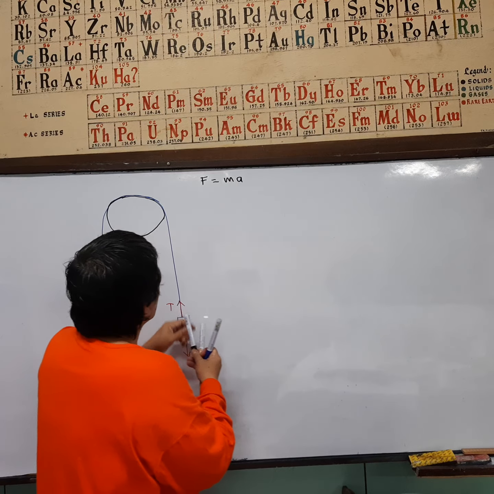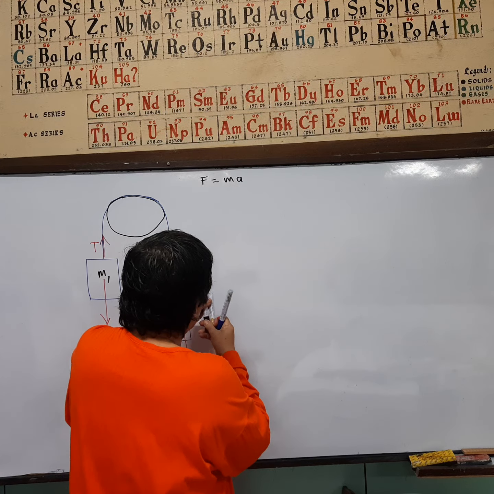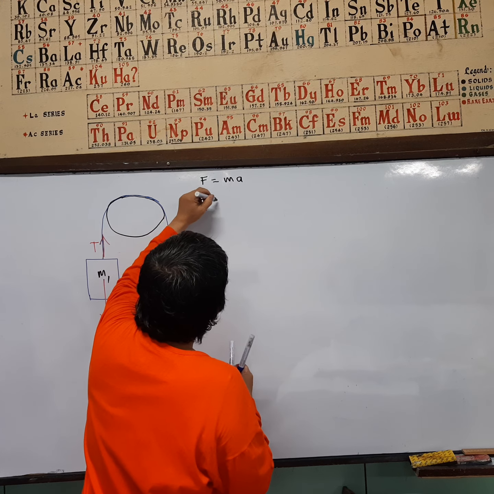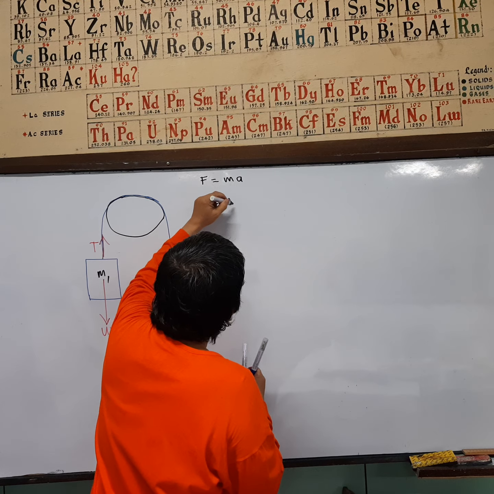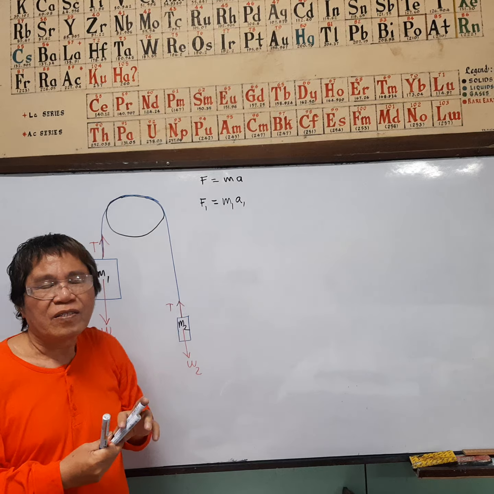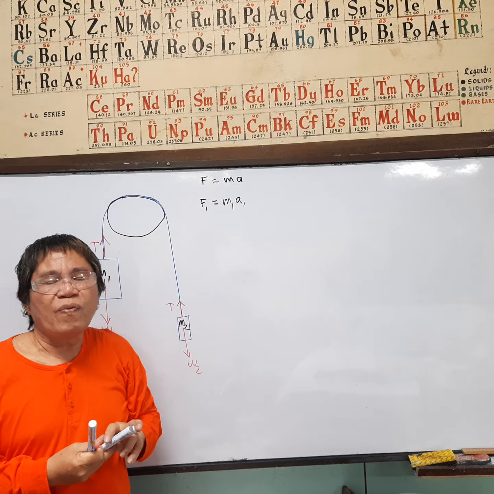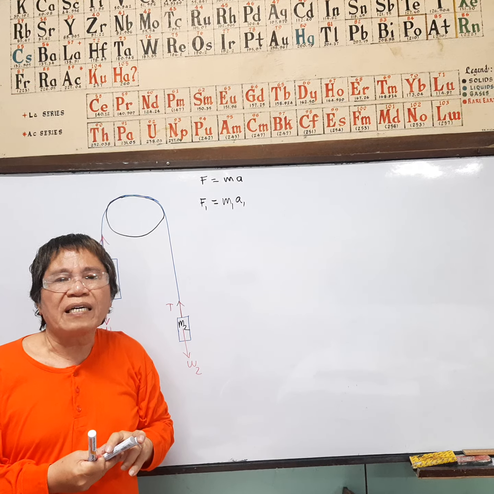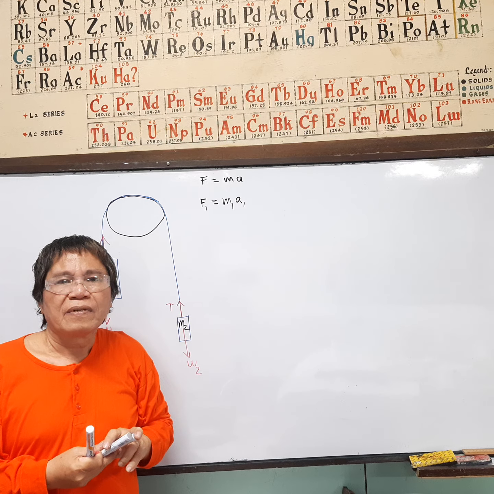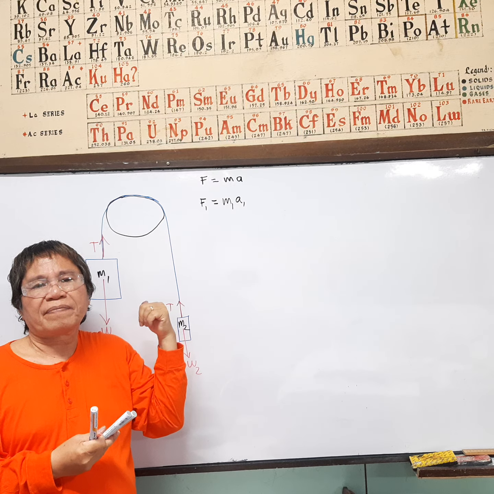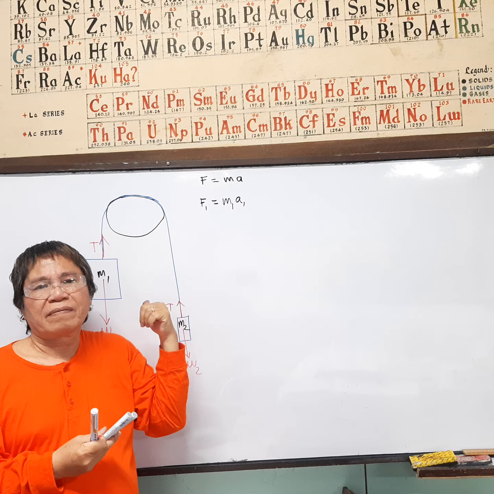Now, in the case of this body, there is that force F1. F1 equals M1A1. So therefore, the force F1 is the net force acting on the cage as the mass 1, object 1.